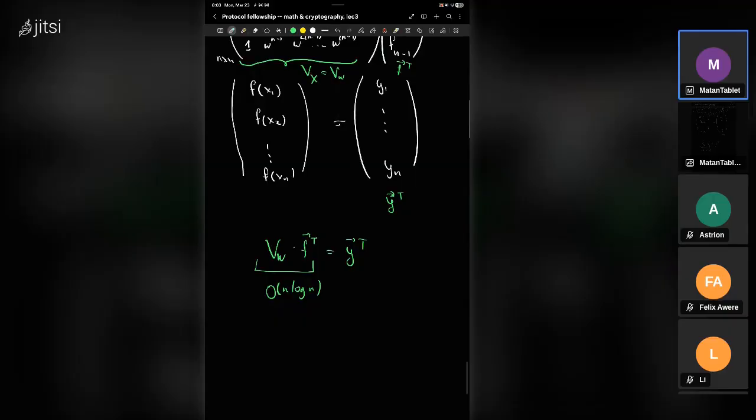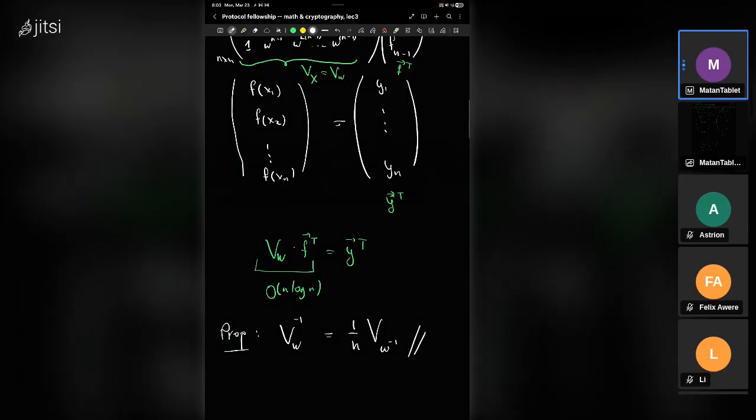Now, there is a proposition that says that the inverse of the matrix V is simply 1 over n times the Vandermonde matrix of W to the minus 1.